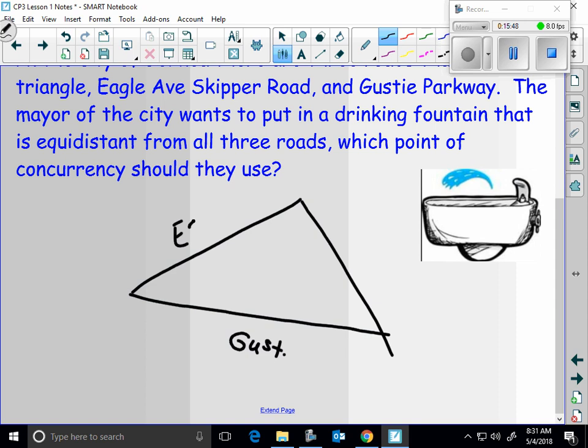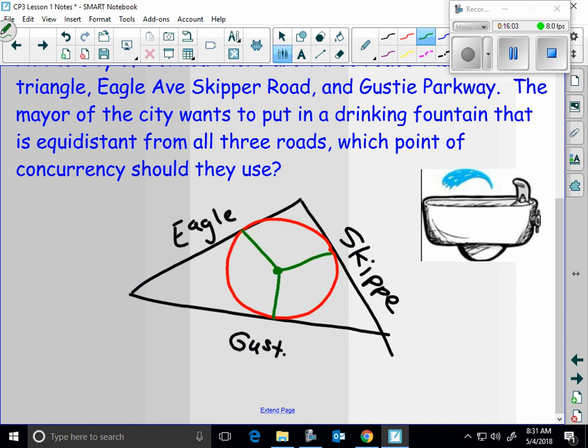You got Eagle here. You got Skipper here. What I would do is I'd draw a circle in the middle of that, and this point would be equidistant from each of those roads. That's called what? This right here. The in-center. That's the in-center.